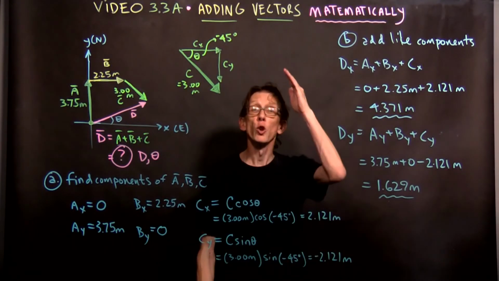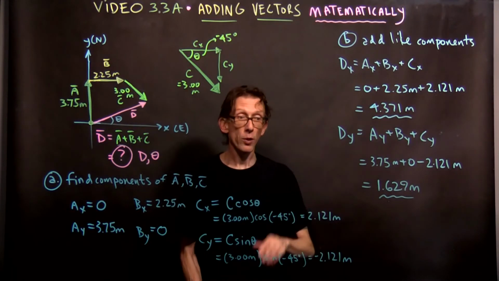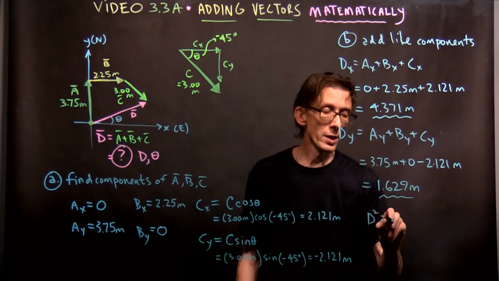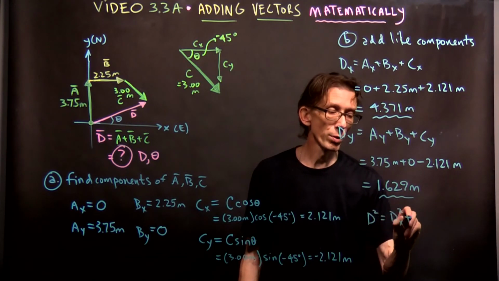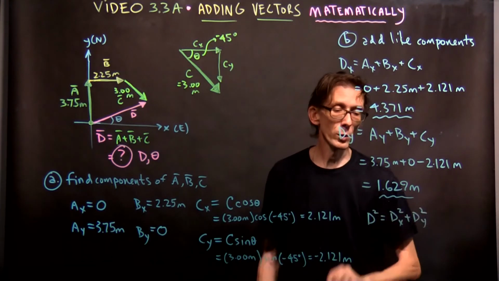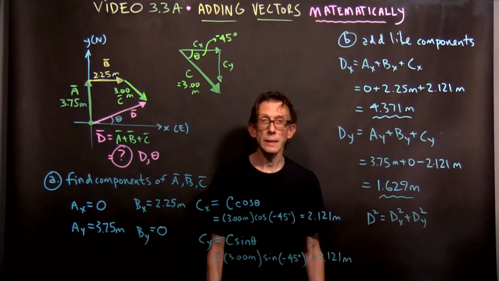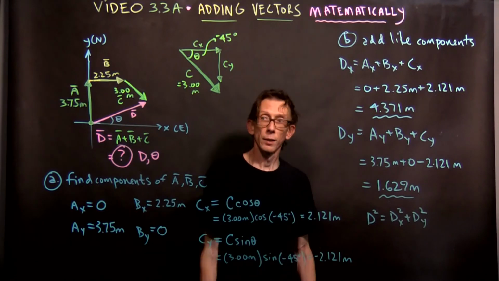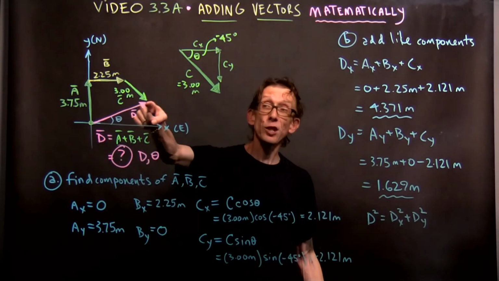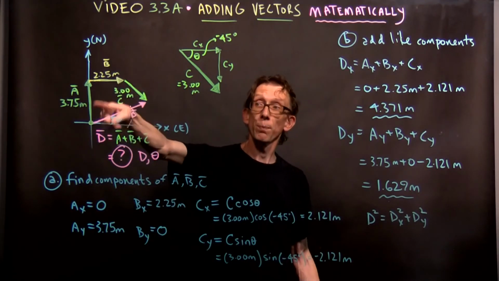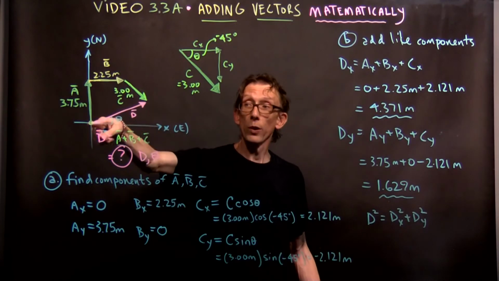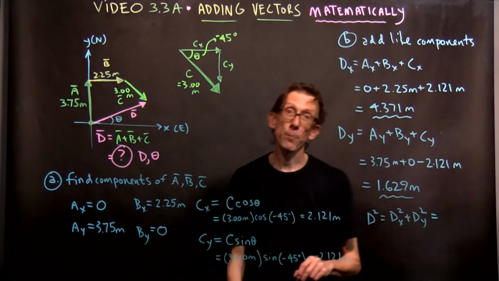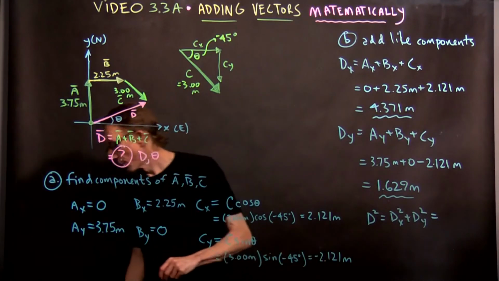To do this, we do what we did before. We use the Pythagorean theorem. D squared is DX squared plus DY squared. That's how we find D, the magnitude of the pink vector. That is, how far away did you end up after taking these 3 paths from the origin? That's what D is. We're low on time with the video here, so I'm just going to give you the answer.